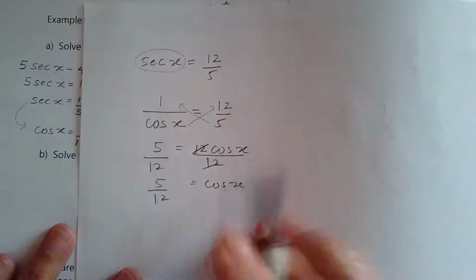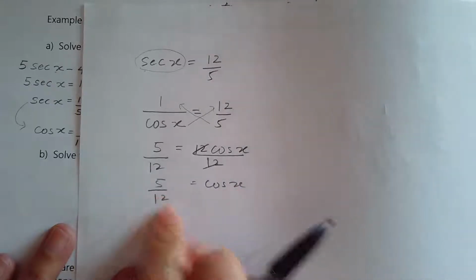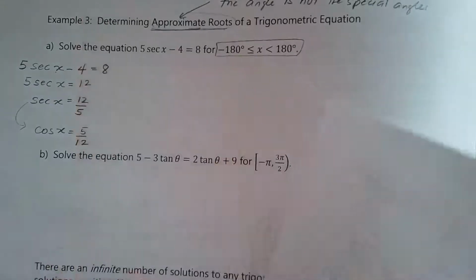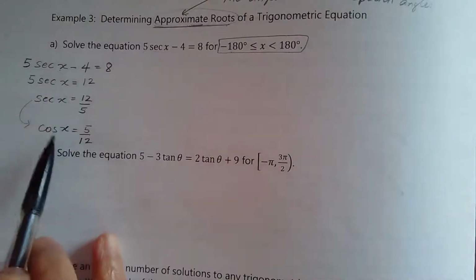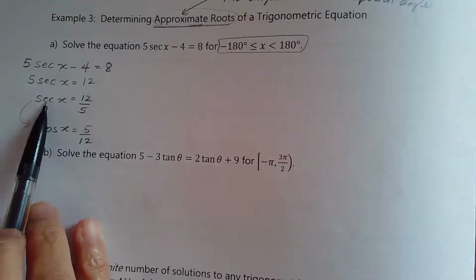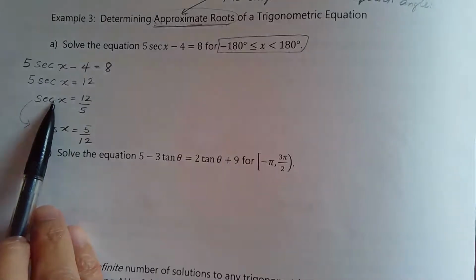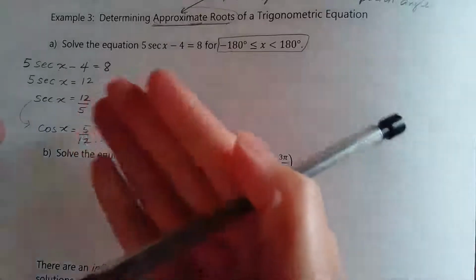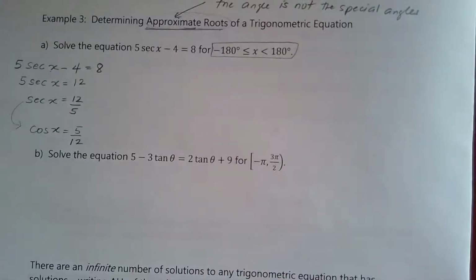So I take the reciprocal of the left side, and then I have to take the reciprocal of the right side. The reciprocal of secant is cosine. That's how I'm also thinking.